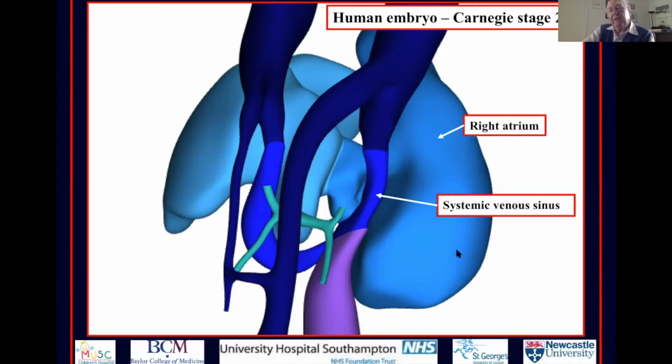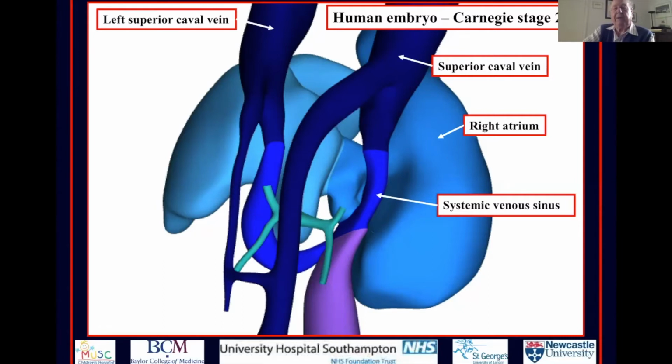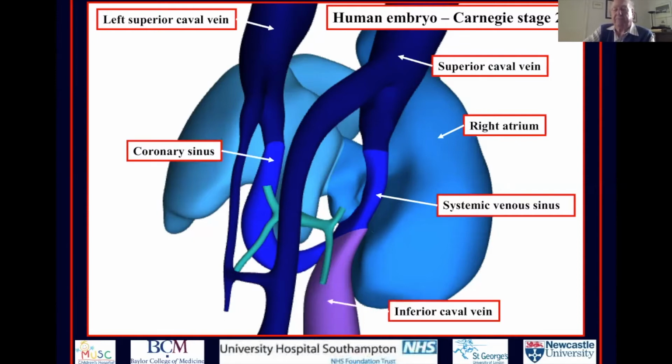And within there, we see the cavity of the systemic venous sinus. And coming into it, at this stage, completion of atrial septation, we now have the superior caval vein. The left superior caval vein continues to drain through the left sinus horn, which is now becoming the coronary sinus.